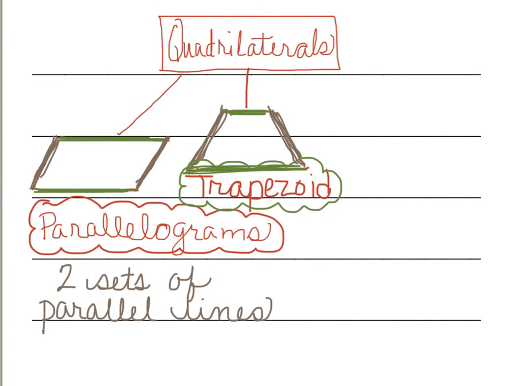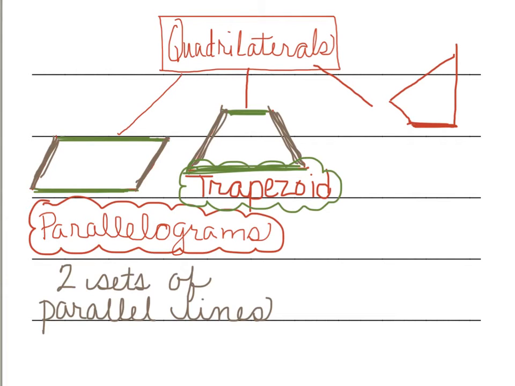And then we get to our last one, which is really kind of weird looking. If you can follow the pattern, you saw two sets of parallel lines, one set of parallel lines, and this one has no parallel lines. So with no parallel lines, you can see right here we have a line here, but that's not parallel with anything.